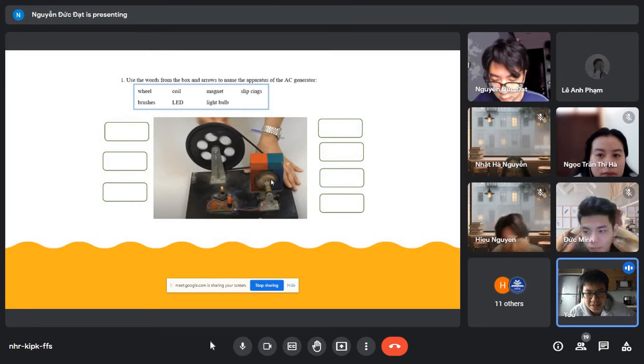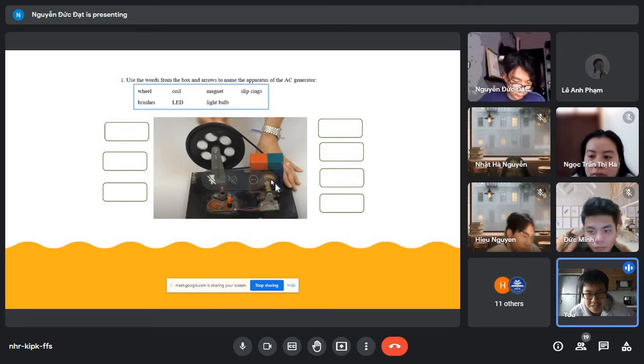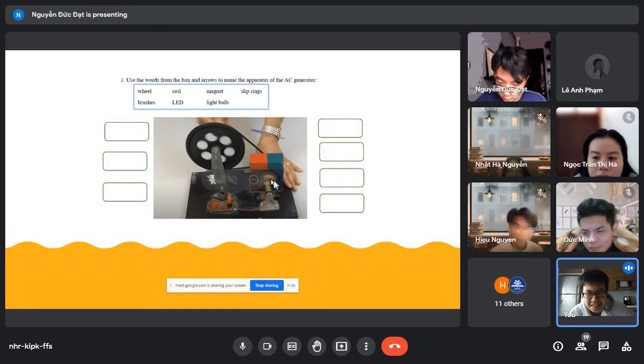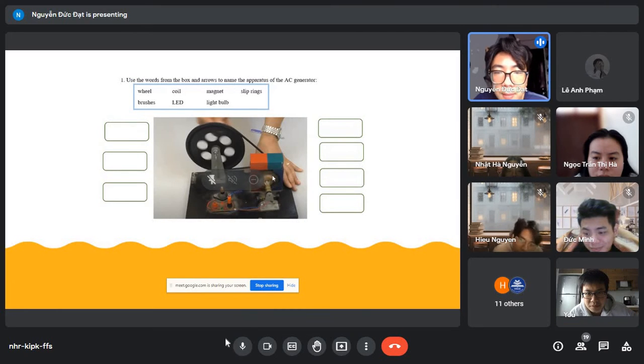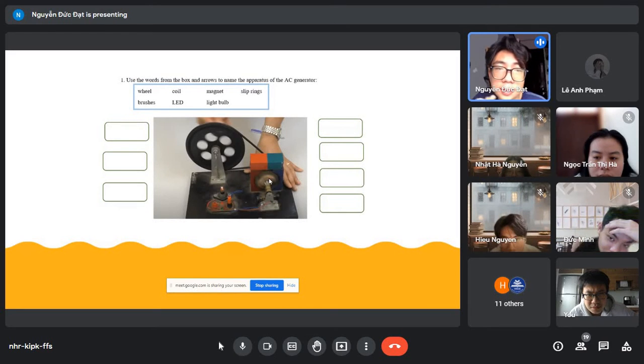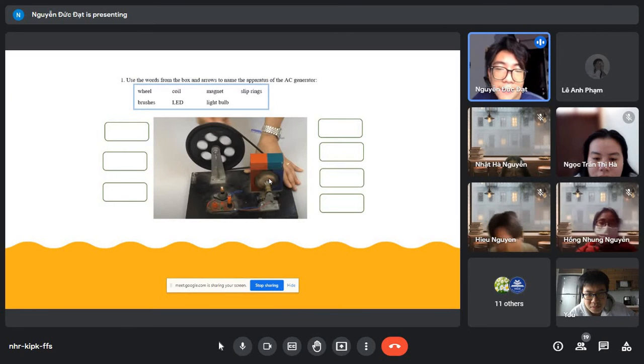We have a coil here, and the function of the coil is to produce electricity. We have another name for the component that produces electricity by electromagnetic induction in a generator.